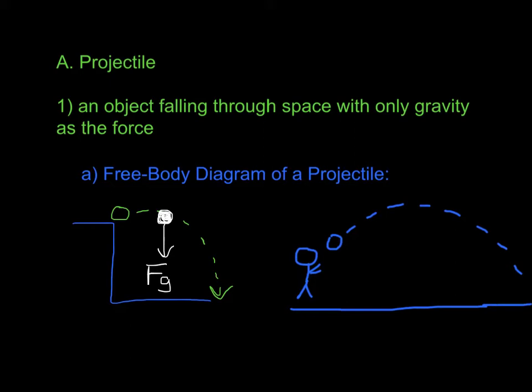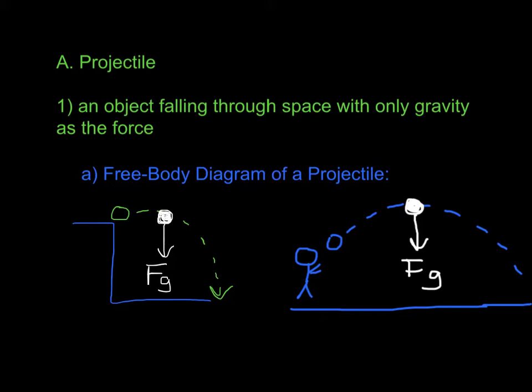And in the middle of that path, the only force that acts on the ball is the downward force of gravity. In both of these cases, we are leaving out air resistance so that our pictures will be much simpler, and eventually when we get to the calculations, those will be simpler as well. So no air resistance. The only force that acts on a projectile is gravity.